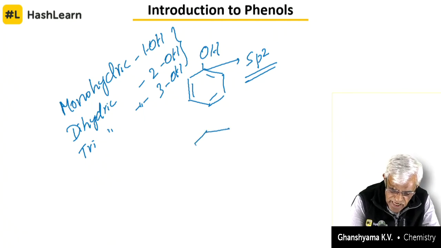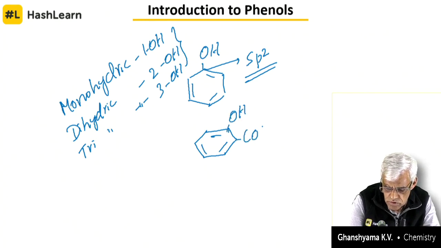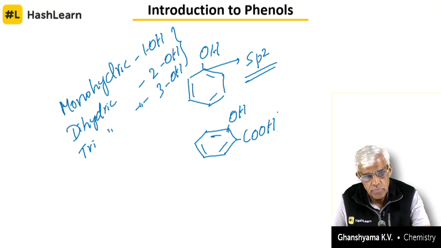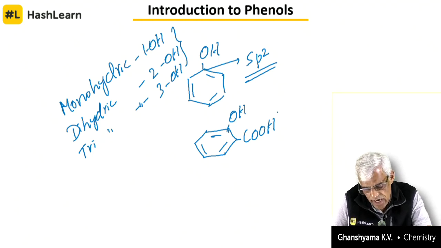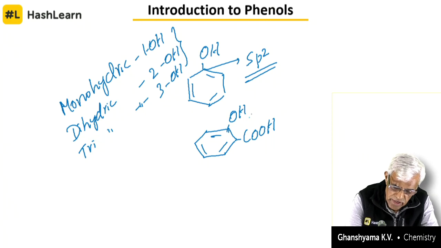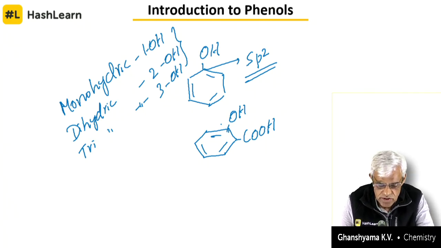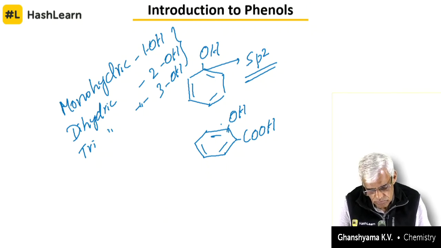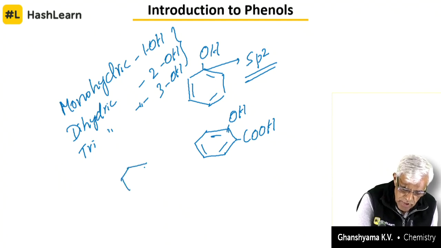For example, salicylic acid, it is a phenolic acid. See, OH and then COOH. This is salicylic acid. Salicylic acid is a phenolic acid. It belongs to the family of monohydric phenols, whereas resorcinol, catechol, quinol, etc. belong to the family of dihydric phenols.